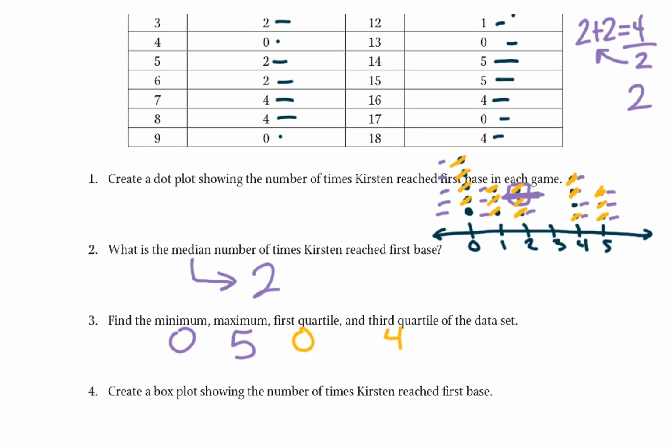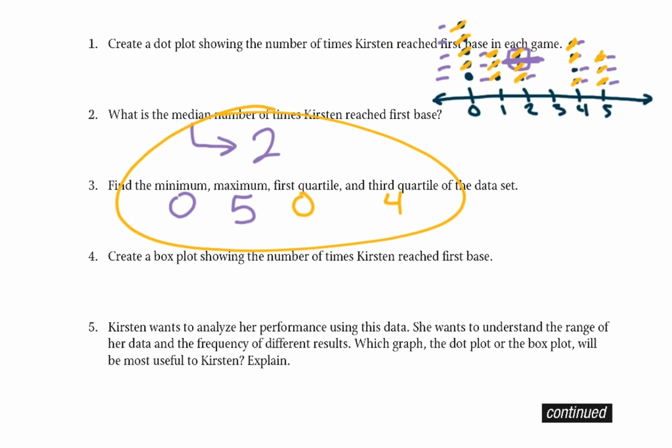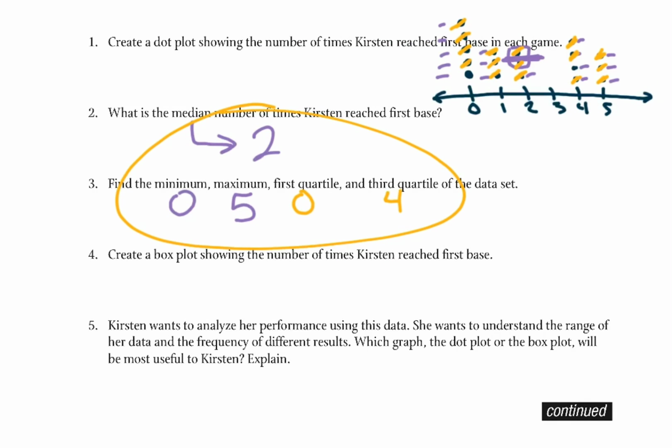Okay, all of these together is the 5-number summary, which allows us to then create a box plot. For the box plot, again, we have a number line, and let me actually do that a little better over here. At our minimum, we draw a bar.